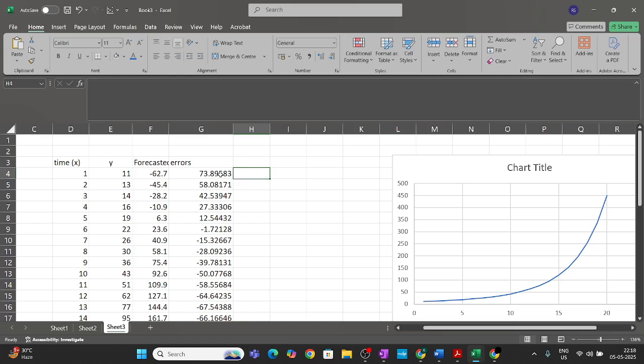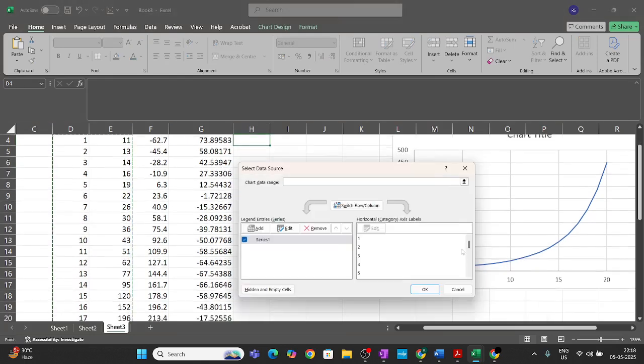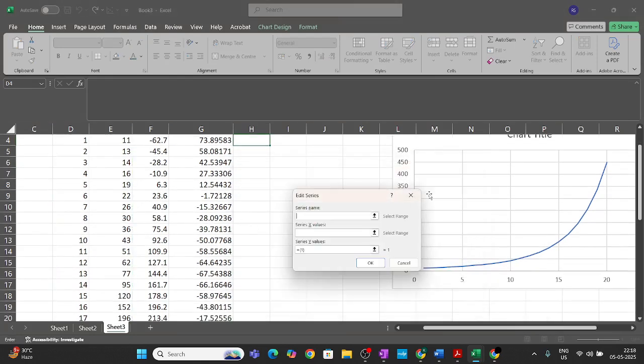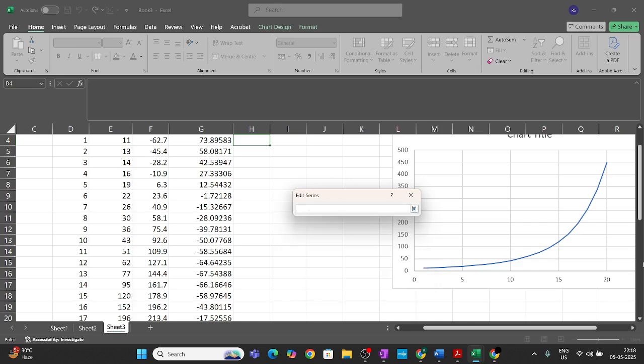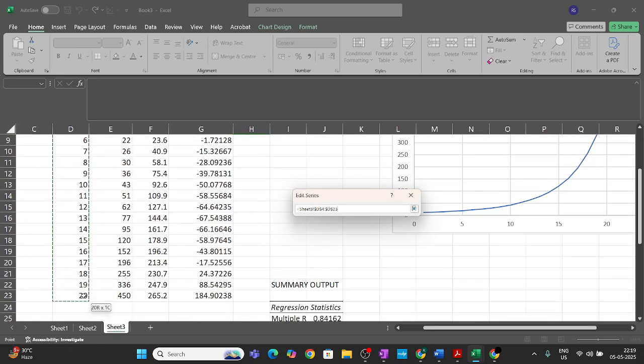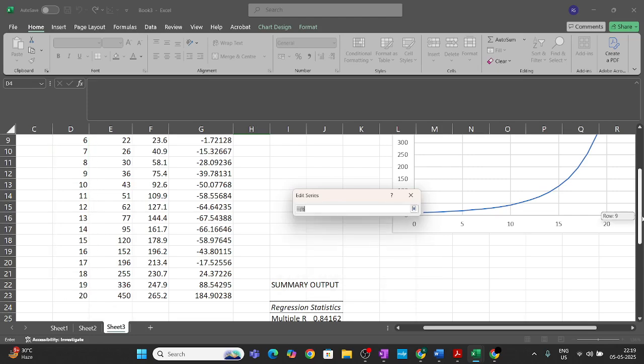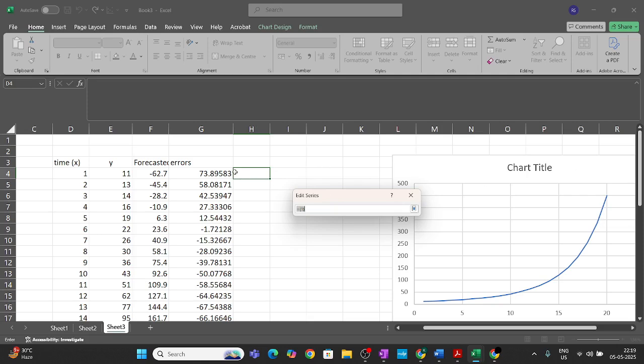Now if I were to draw the line of best fit on this chart, वो कैसा लगेगा देखो. So on X you take time, right? And on Y, you take these forecasts.